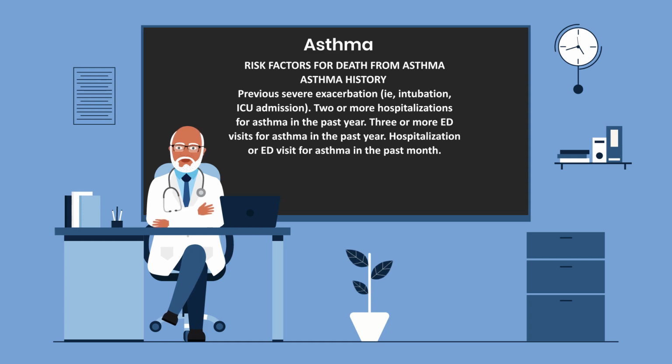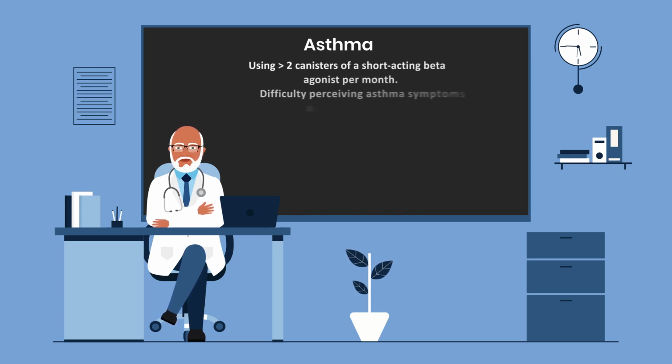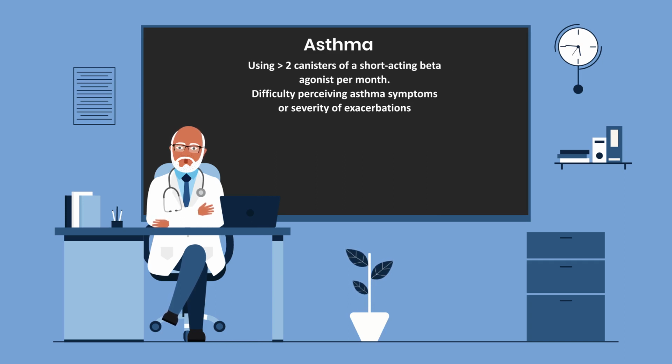Secondly, if they had 2 or more hospitalization for asthma in the past year, or if they have had 3 or more ED visits for asthma in the past year, or hospitalization or ED visits for asthma in the past month, or using more than 2 canisters of short-acting beta agonists per month, and of course, difficulty perceiving asthma symptoms or the severity of exacerbation, which would delay their coming to the emergency room.